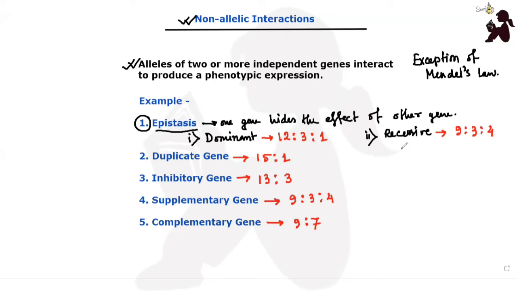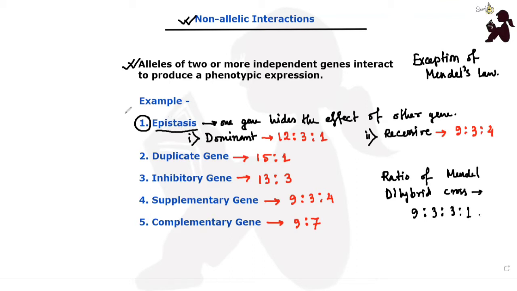So all of these ratios are exceptions from the ratio of Mendel's dihybrid cross, the phenotypic ratio of 9:3:3:1.